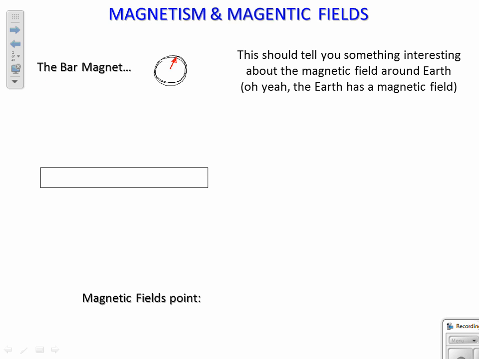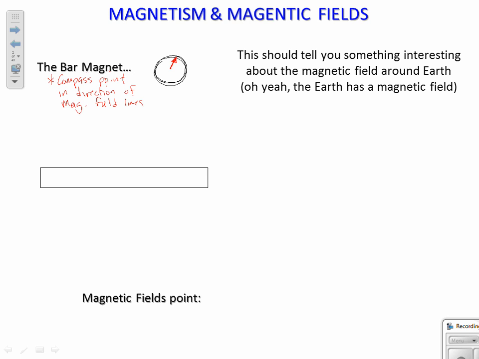Well, really, compasses point in the direction of magnetic field lines. So if you put the compass around our bar magnet, in lots of places, what you'll see is that the field looks something like this.